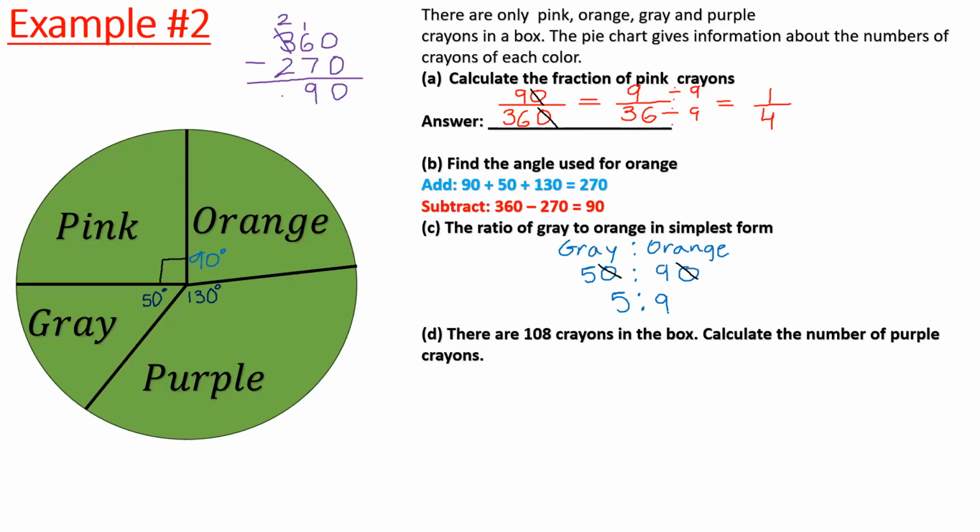All right. Now, there are 108 crayons in the box. Calculate the number of purple crayons that we're going to get. So how are we going to do that one?